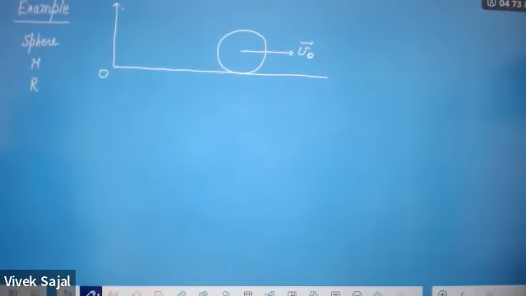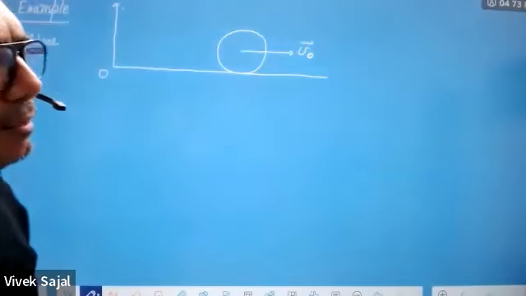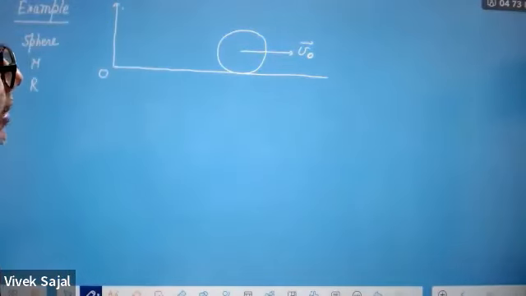A sphere of mass m and radius r having velocity of center of mass v naught is rolling without slipping. Slip नहीं कर रहा है. Full stop.